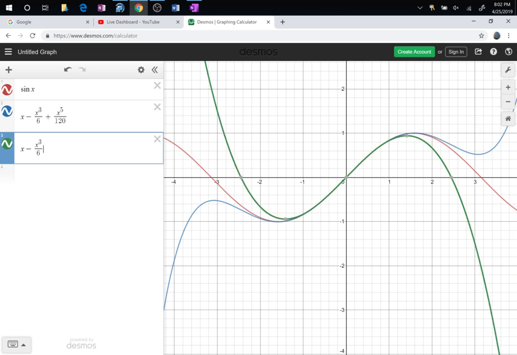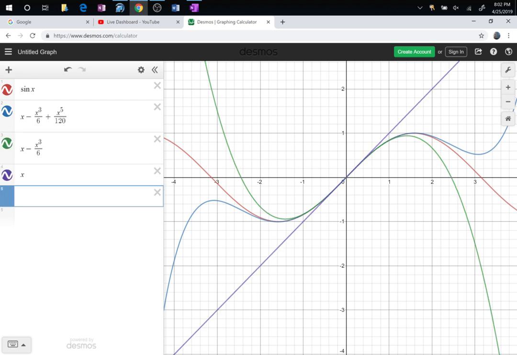There we go. And then I will also put just x. Excellent. Red line is your target. Do you see that if you go from the purple to the green to the blue, it's getting better? Can I do even better than this?